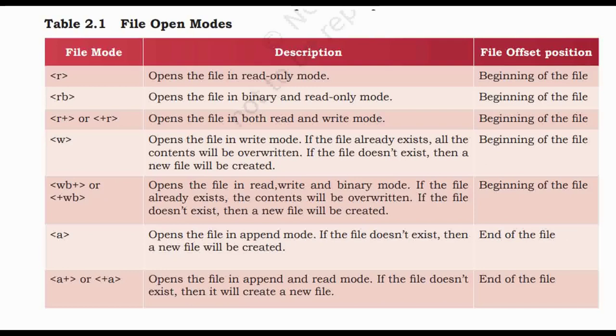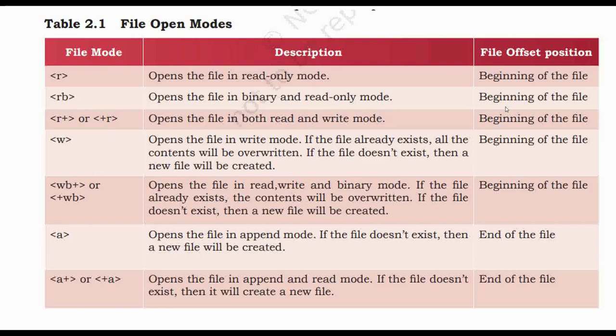So these are the different file operations which take place. Now R mode will read the file from the beginning. We call something an offset. Offset is like a pointer where the file object is going to start from. The file object will start from a certain point in the text file. If I'm using the R mode, it starts from the beginning of the file.